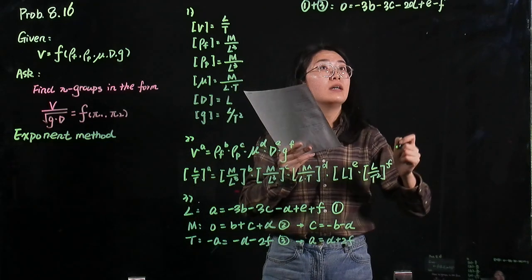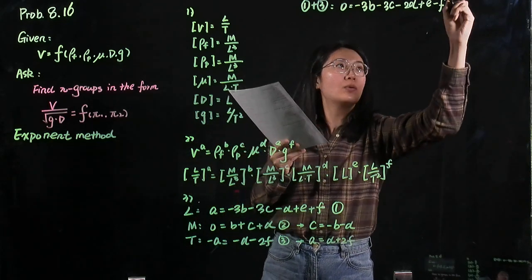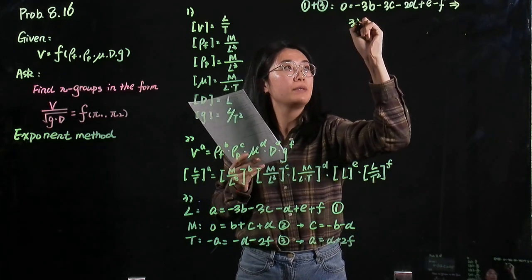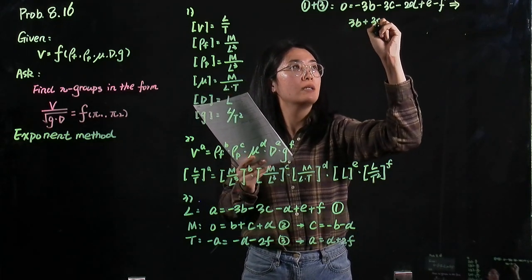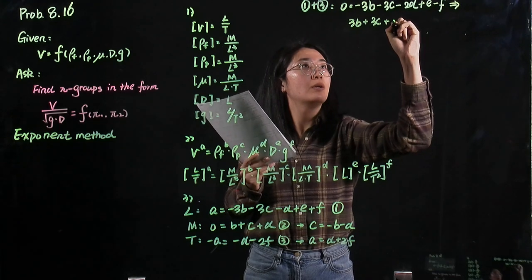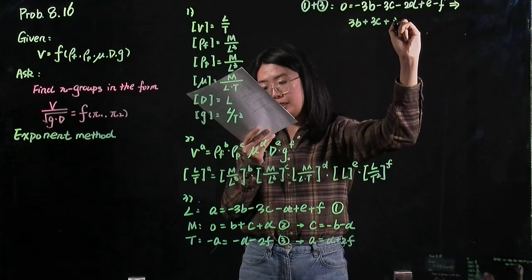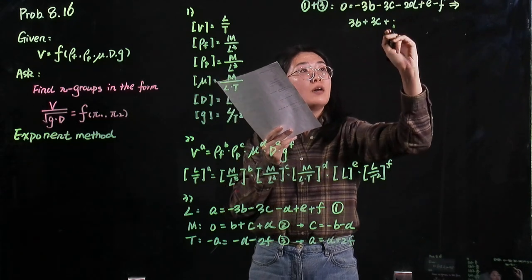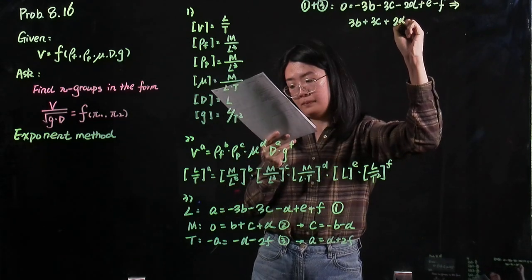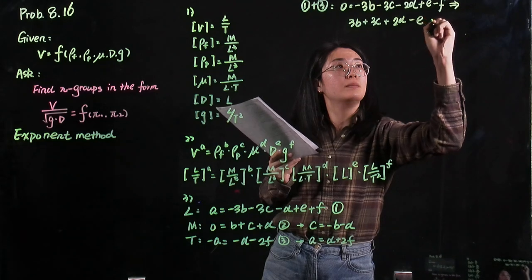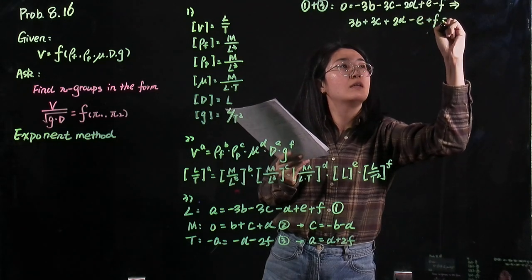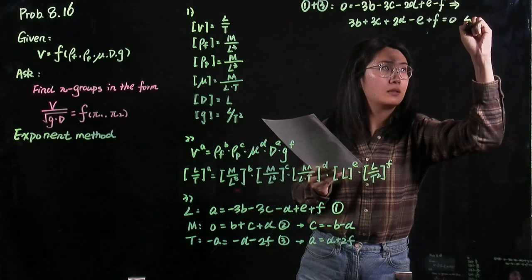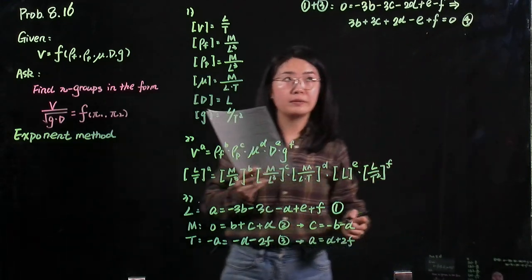And then if we just reorganize this equation, we will get 3B plus 3C plus 2D minus E plus F. This should equal 0, and we call it equation 4.